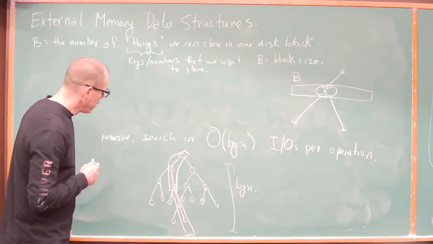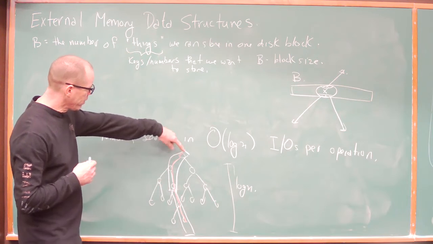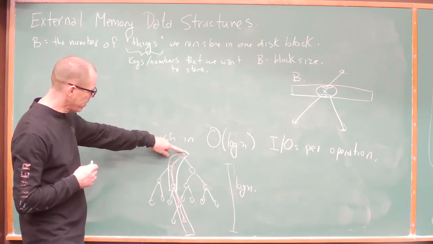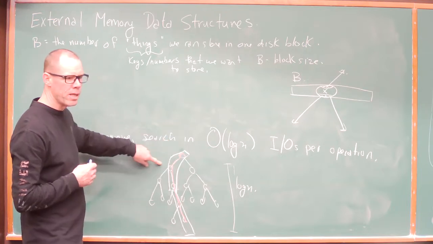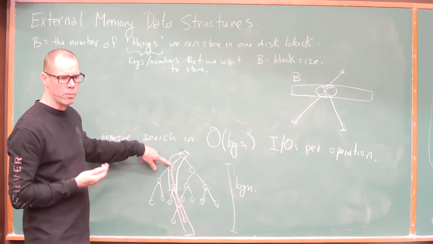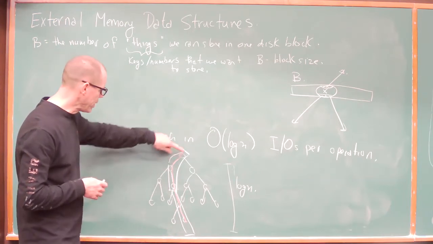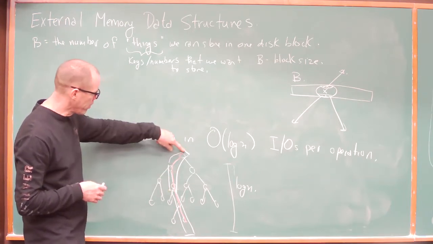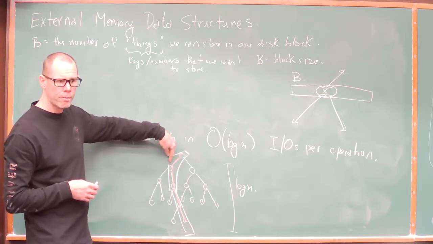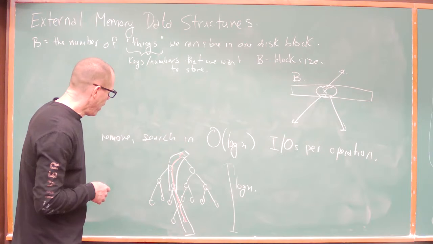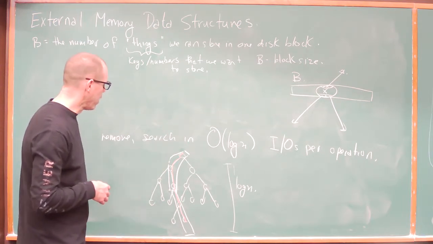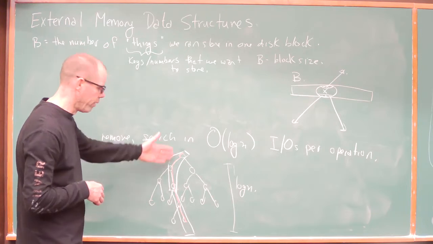But the problem is, as soon as I compare the thing that I'm searching for to the root, there's two possibilities. The thing that I'm searching for could be bigger than or less than. And if I'm only storing one path here, it's only going to store one of those two possibilities. So if this is the path that I store, and I search for something bigger than the root, then the next node I need is this one, and it's not in this block that I just read. So that would be great if we could get this log n over B, but somehow it looks really difficult.